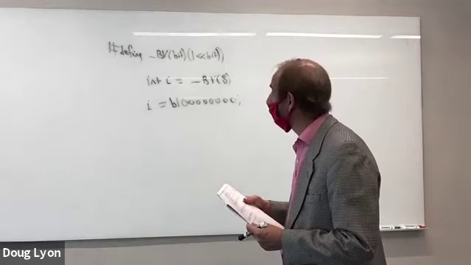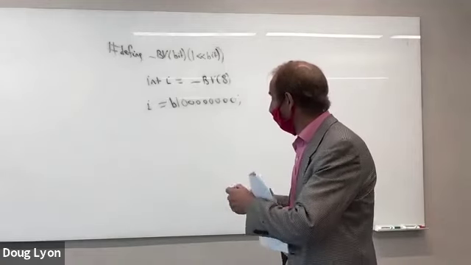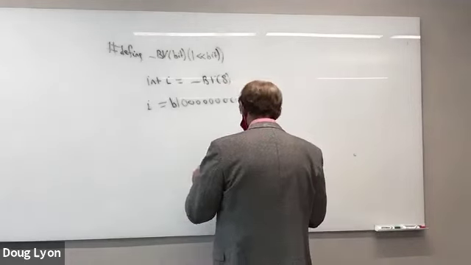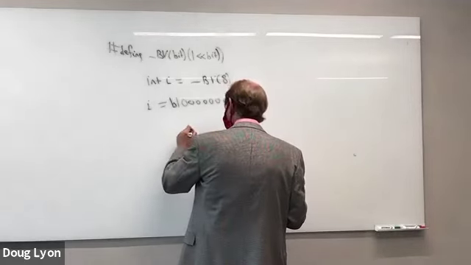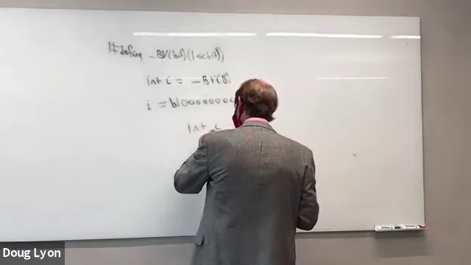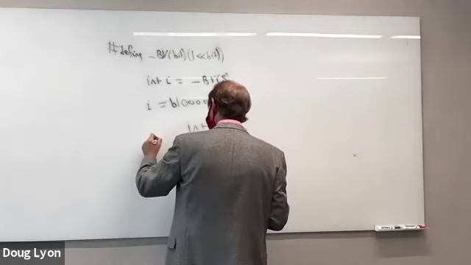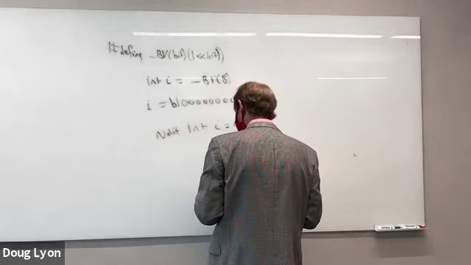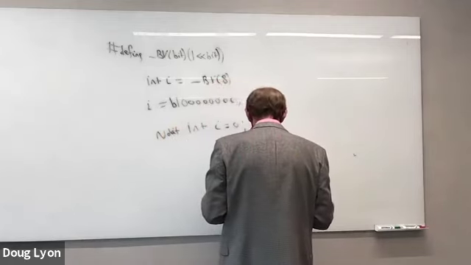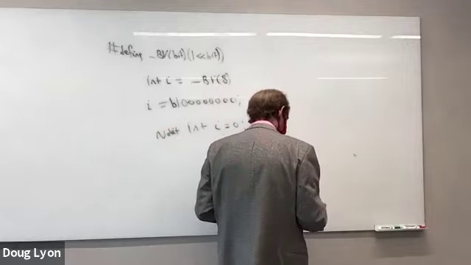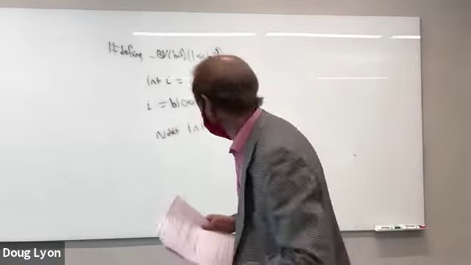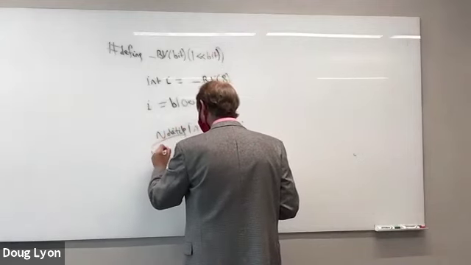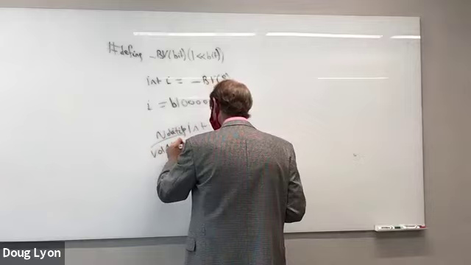There's a way to declare constants. I think you can do this in Java as well. You can declare integer I equals 0 as volatile, V-O-L-A-T-I-L-E.